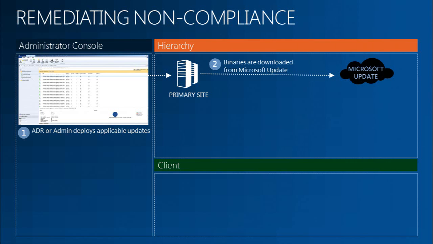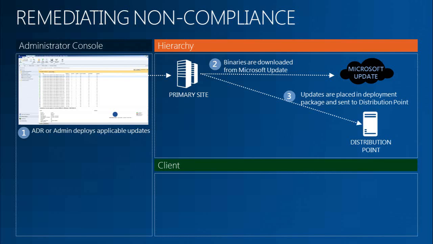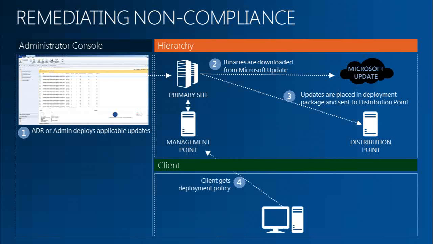So the binaries are downloaded from Microsoft Update when you decide to deploy updates A, B, and C to your specified collection. They're distributed out to the distribution points. The client gets the deployment policy. It evaluates the deployment and says, I've got updates A, B, and C are now required for me at some deadline down the road.